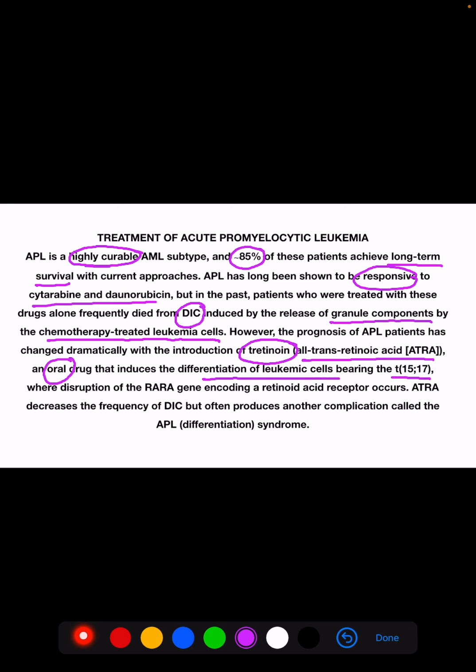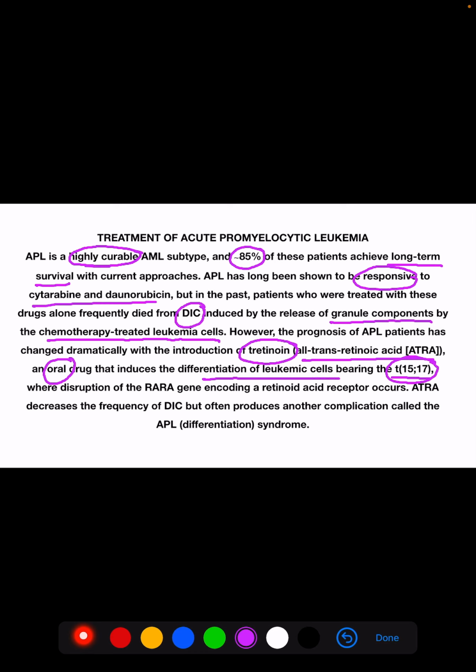What does this drug do? It causes differentiation of the leukemic cells bearing the translocation of chromosomes 15 and 17. Because of this, there is a disruption of the RARA gene, which encodes a retinoic acid receptor.